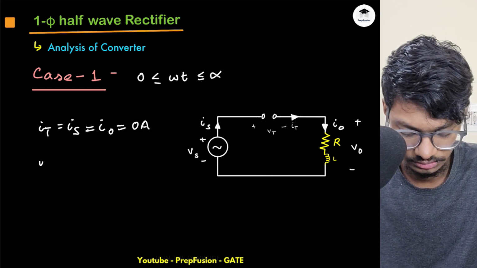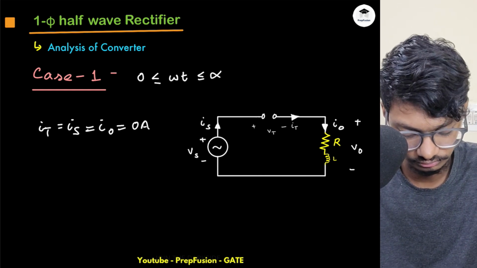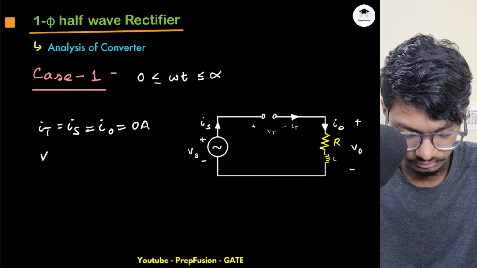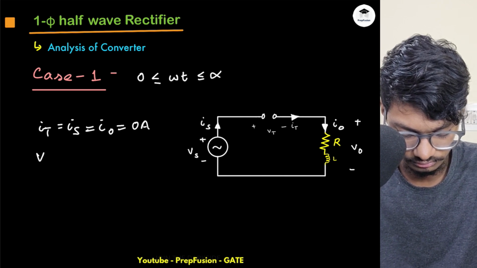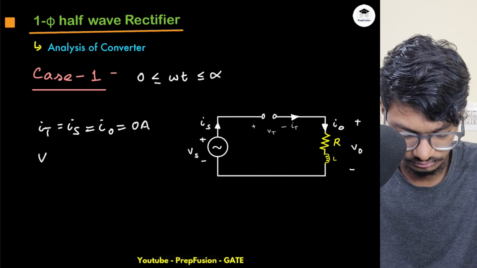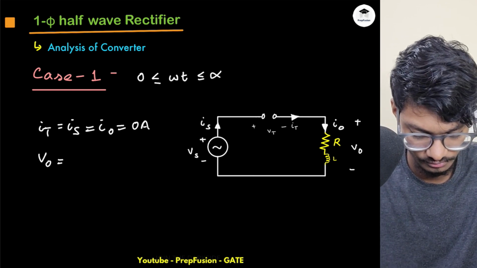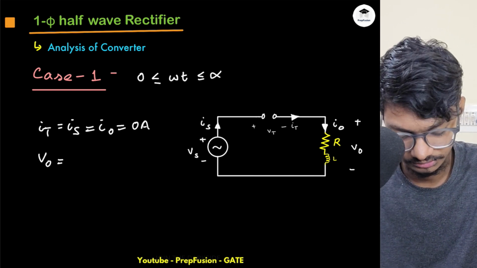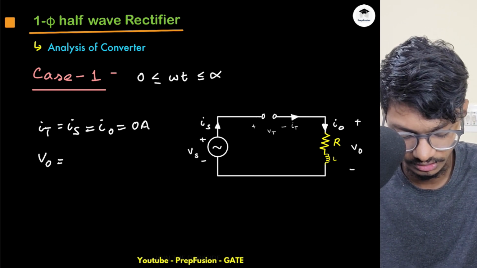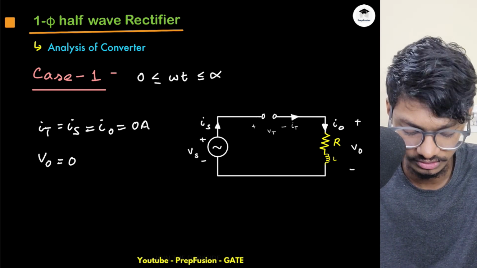So VO equals simply 0, because the initial voltage was 0 and the drop across the resistor is 0, so the inductor voltage will also be 0.